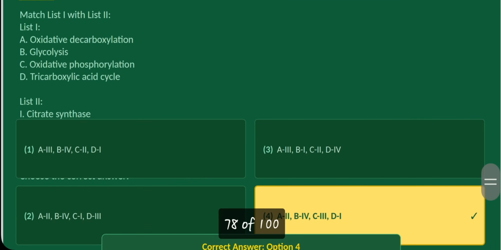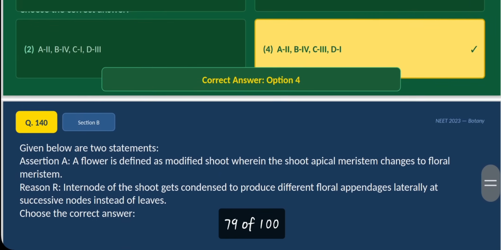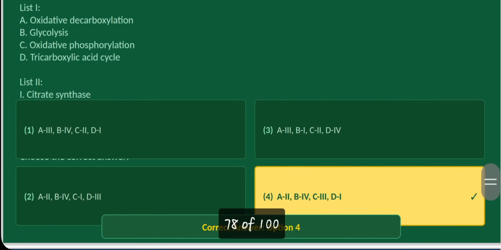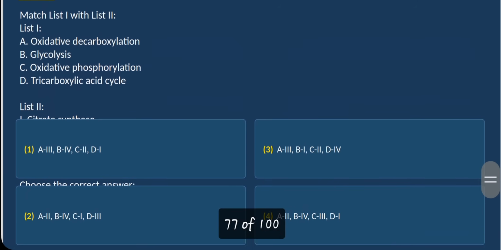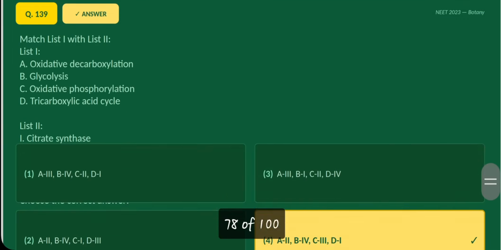The oxidative decarboxylation takes place before the Krebs cycle. So citrate synthesis, you can include it in D1. Okay, so the fourth one: A is 2, B4, C3, D1. Sorry for the second list options not being seen. I think only citrate synthase is seen here.